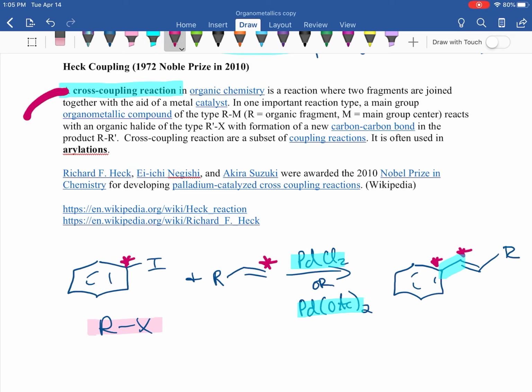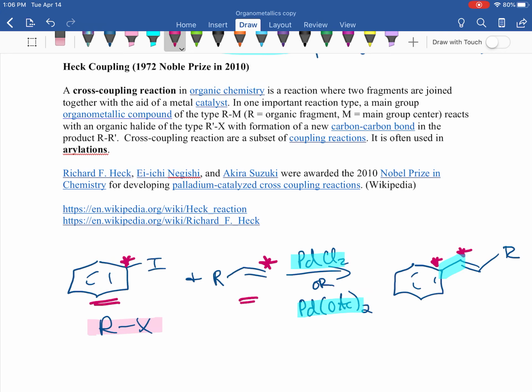You stuck them together. And what Heck is really good for, and what Heck is really known for, is this cross coupling. You'll notice that my two partners were different. You can have a nice alkyl halide here, any kind of olefin there, or alkene, and you can stick those together. So for my OChem 1 class, this is going to be awesome on your synthesis in Unit 5.